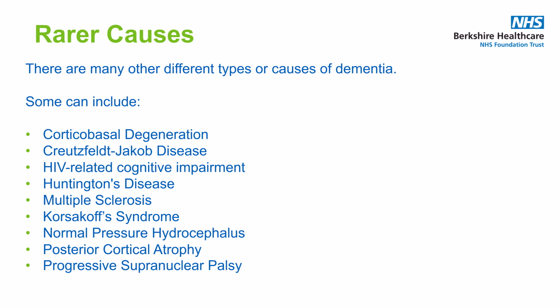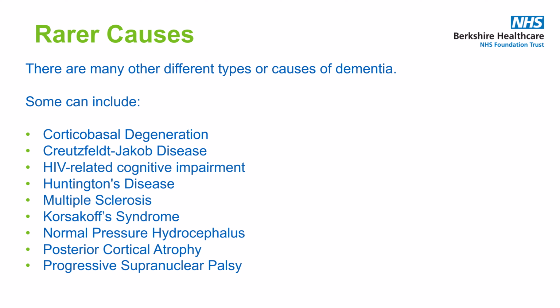AIDS-related dementia is becoming increasingly prevalent. Things like Huntington's disease can affect people's cognition, multiple sclerosis. Korsakoff's syndrome is caused by excessive alcohol usage over the years, and people become very, very forgetful.